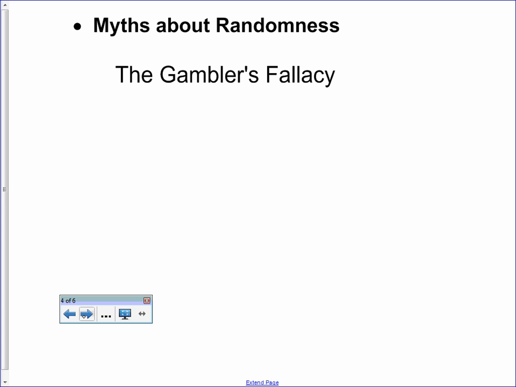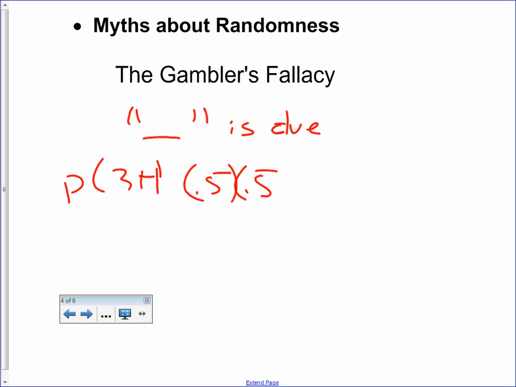But in the short term, let's talk about a few things. This is the one that we need to get off our chest early. The gambler's fallacy is the idea that, quote, something is due. This is a common misconception. I'm going to jump a little bit ahead here, but the chance of getting heads 3 times in a row is 0.5 times 0.5 times 0.5, so the probability of 3 heads is 0.125.